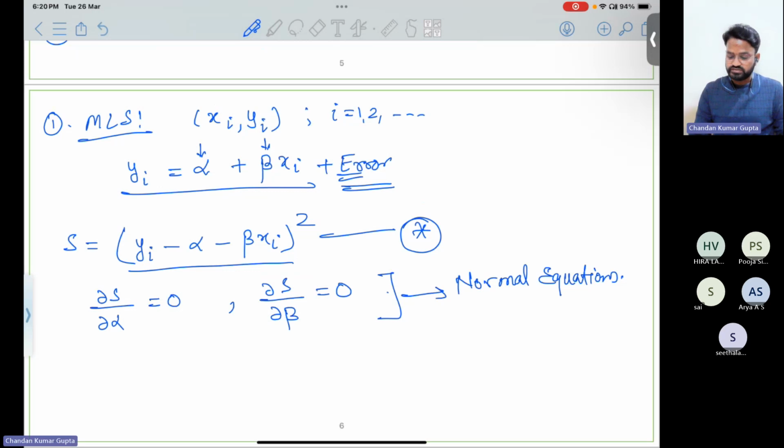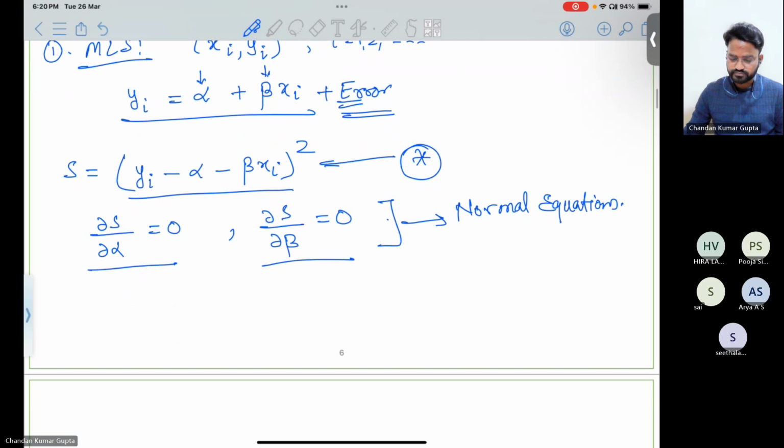With the help of the star equation, we find the normal equations, and then there are two equations in two variables. We will solve either analytically or by a numerical method.